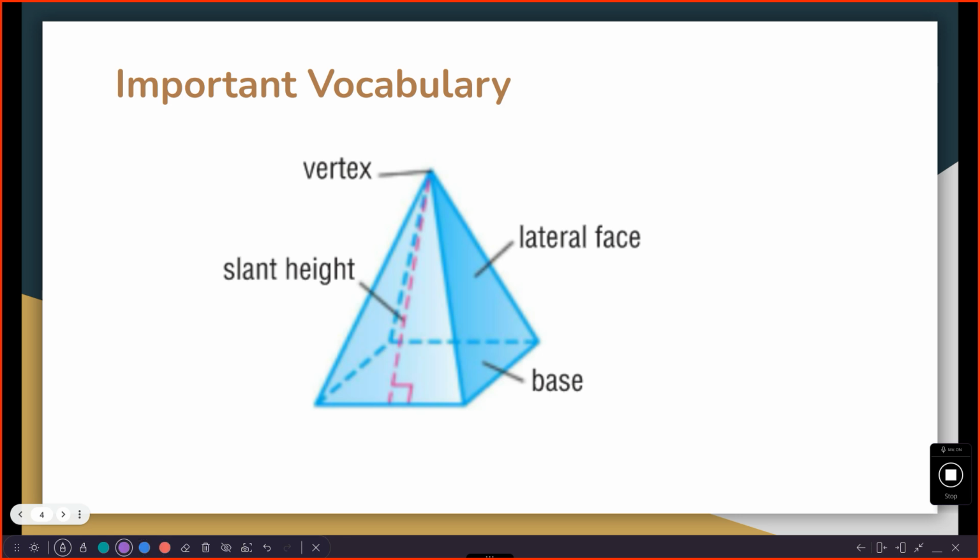So if we're looking at this face, the height of that triangle, not the height of the whole shape. The lateral face, this is any face that's not the base. In this case, the base is down here, and it is a rectangle or a square.